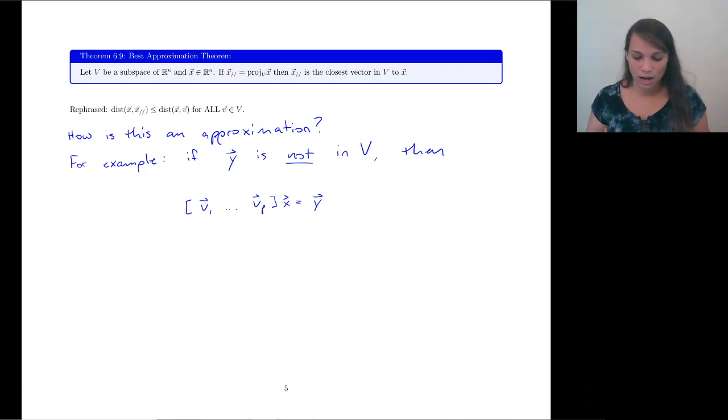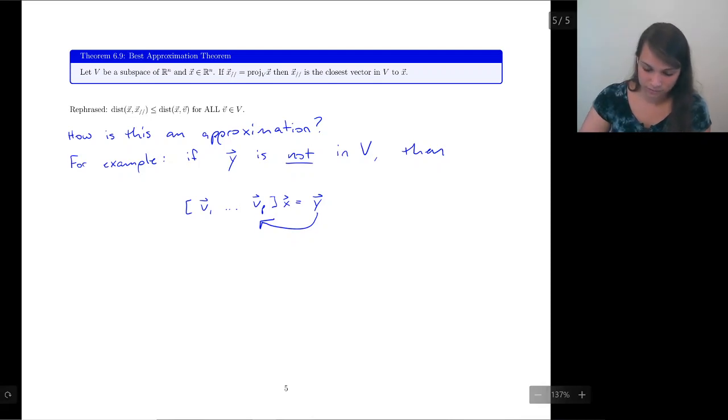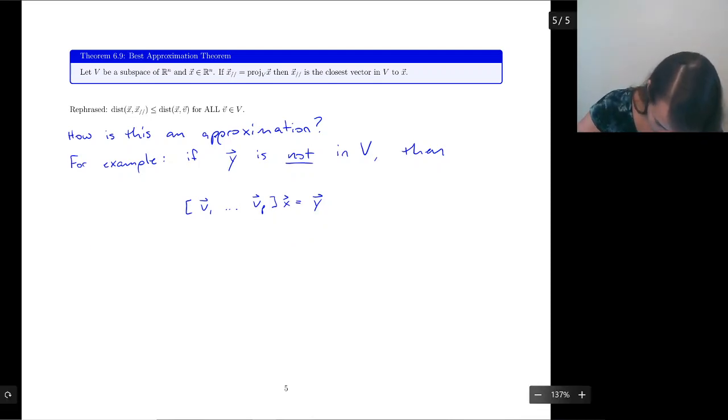So let's say y is not in V. That means y is not a linear combination of these guys. So if he's not in there, this equation has no solution.